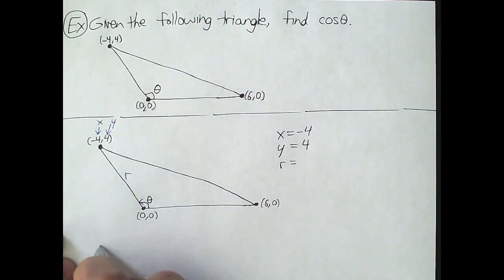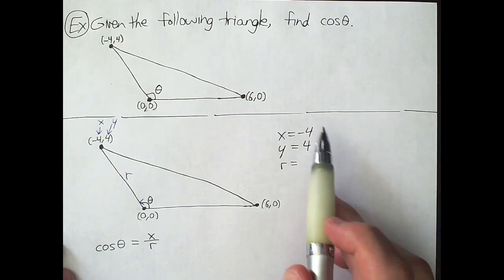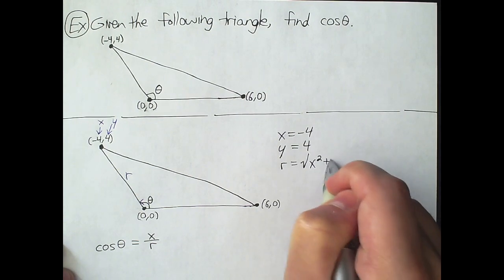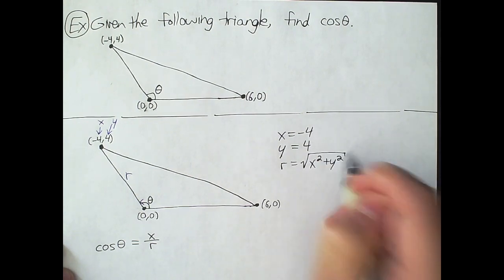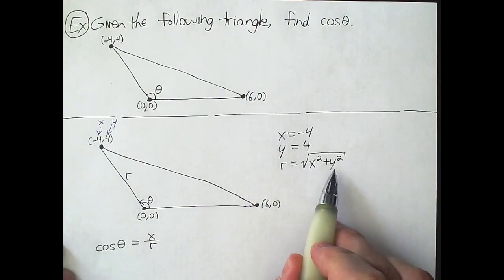Well, think about this. Cosine of theta is equal to x over r. So yes, I think we do need r. We know x, we know y. We can find r using this little formula. -4 squared is 16. +4 squared is 16.